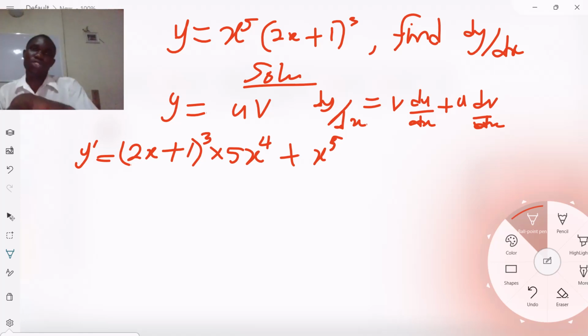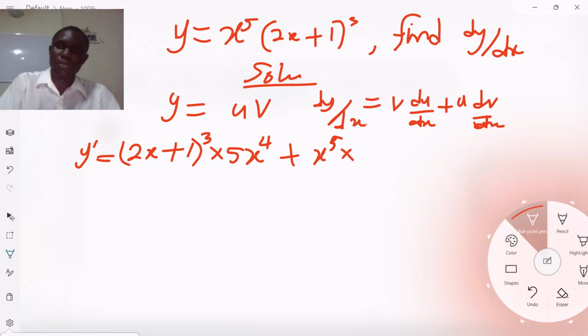Remember, if I want to differentiate this, I'm going to use the function of a function, so that I will have multiplied by 3 into (2x plus 1) raised to power 3 minus 1, that's 2. Then I'll multiply it by differentiating inside. I will have 2.